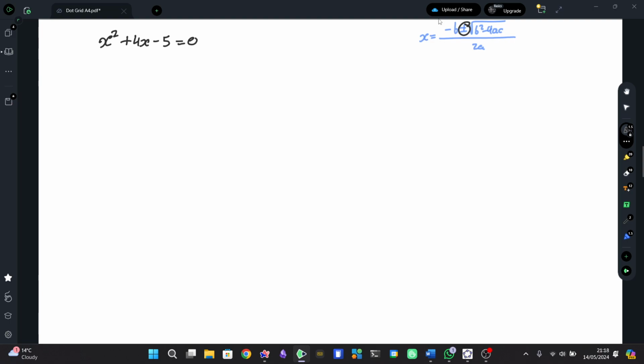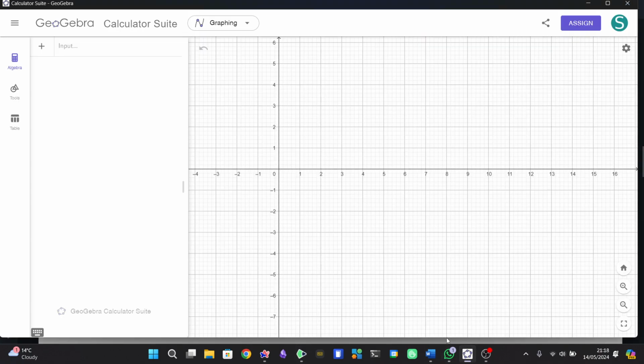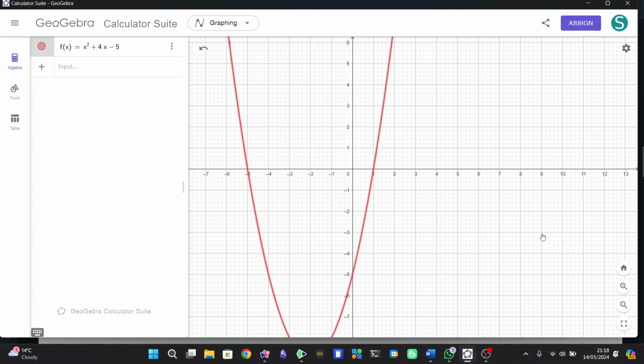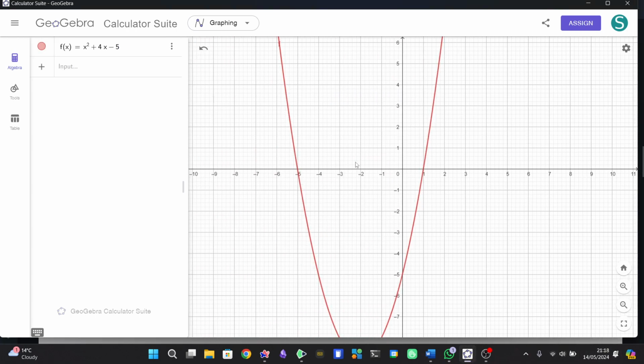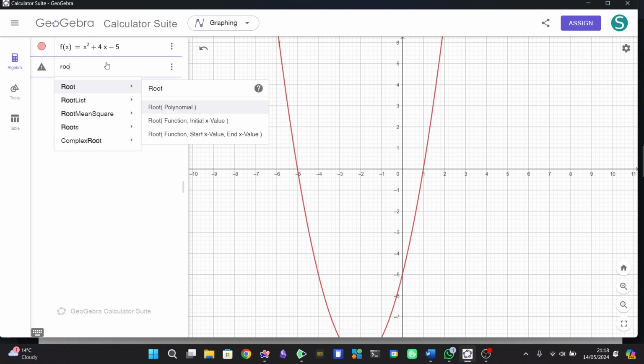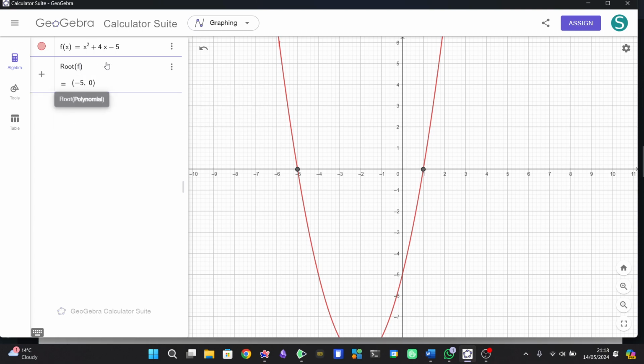Anyways, if we were to graph this, because I'm sure you know how to graph, you can see we have 2 roots. We have the roots, a and b.